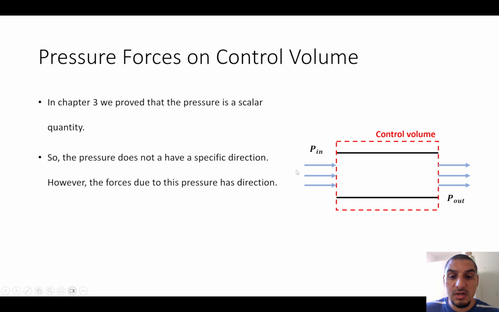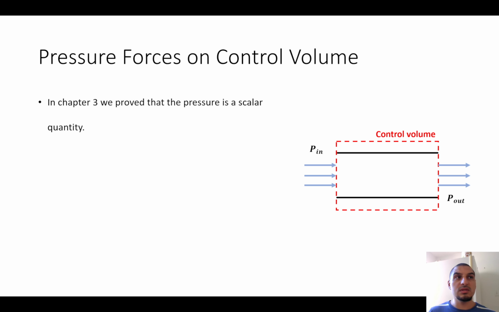What we know from before, in chapter 3, is that we made the derivation and proved that pressure is a scalar quantity, which means that it doesn't have any specific direction. At a specific point, the pressure is acting in all directions with the same quantity. So if we have a fluid at the entrance here, then the pressure of this fluid produces forces in all directions with the same quantity.